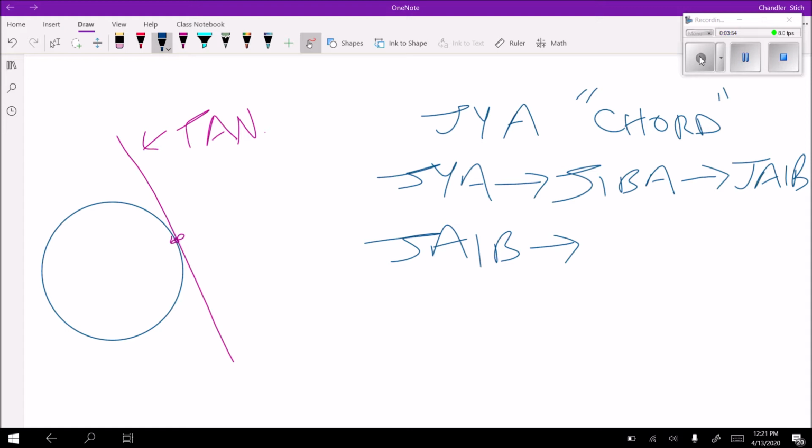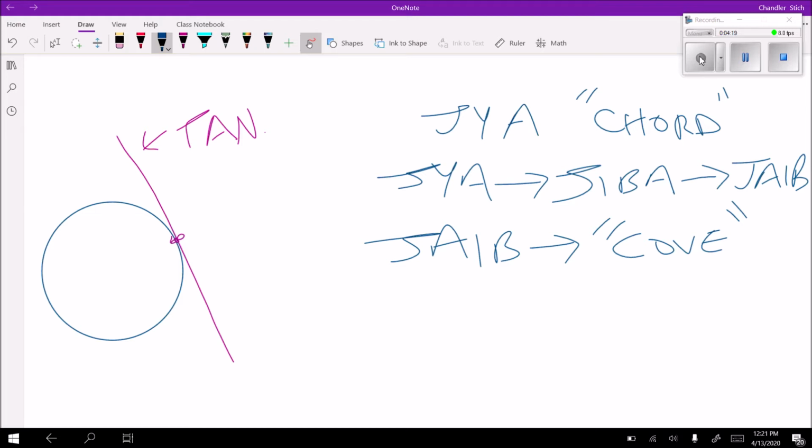Jaib means cove, or a lack of space, like a bay, or some sort of area where there's really nothing. So somehow they got from jya to jiba to jaib, which means cove.